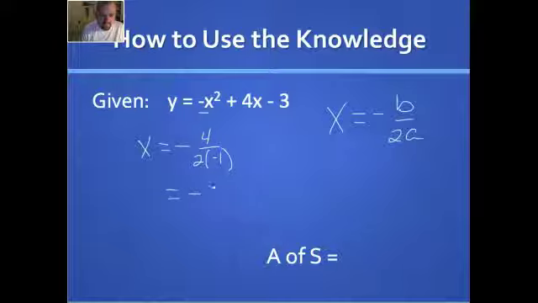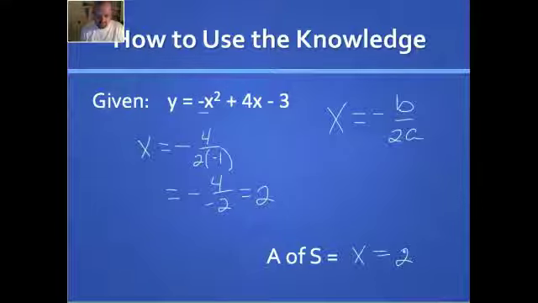So we're going to have negative 4 over negative 2. And that negative can go either way. Basically, this is 4 divided by negative 2, which is negative 2, and the opposite of that is 2. So our axis of symmetry is x equals 2.